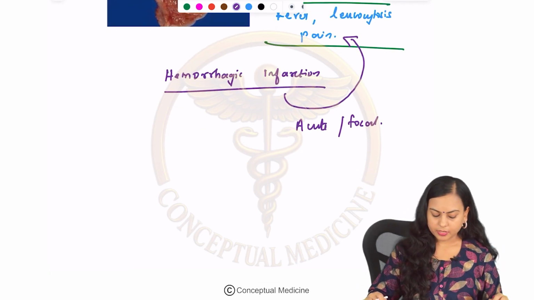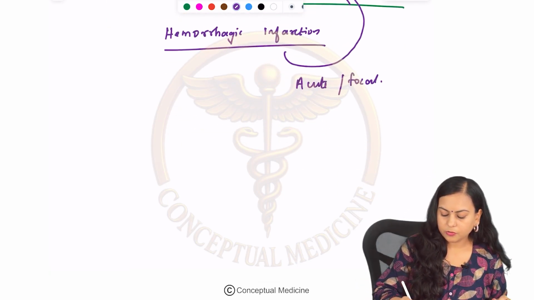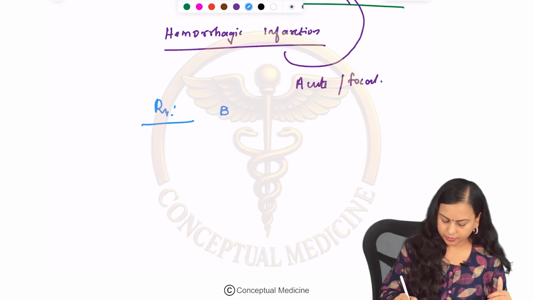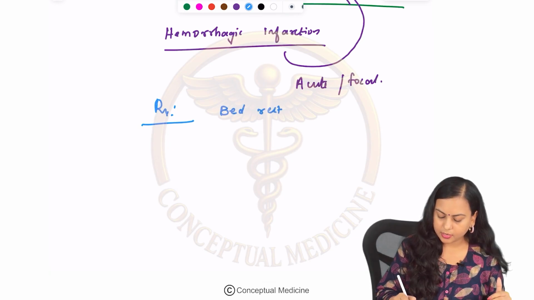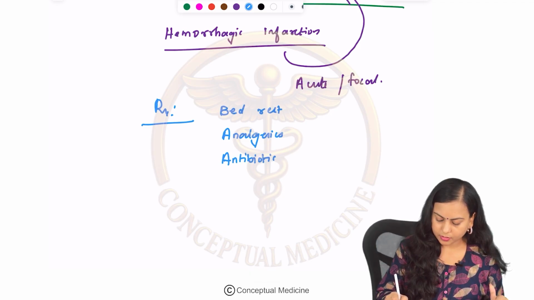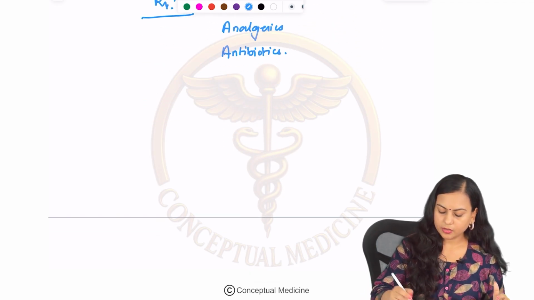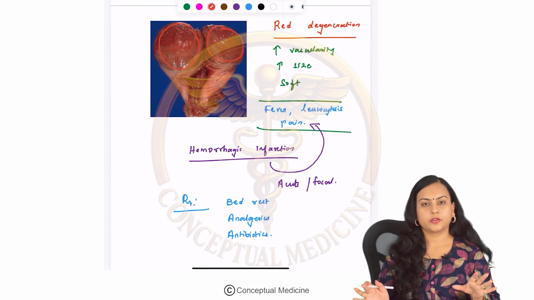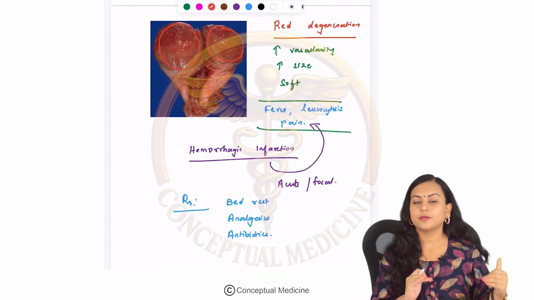Okay, right. So what do you want to do for this patient? You will treat this patient by offering her bed rest, analgesics and antibiotics. Clear? Right. Now, sometimes they can give you a similar scenario and tell you she is a pregnant female only.